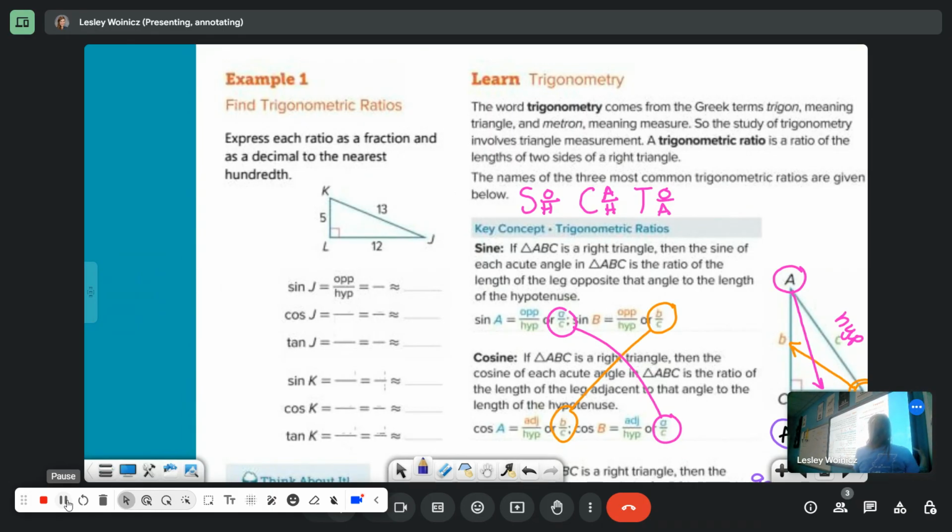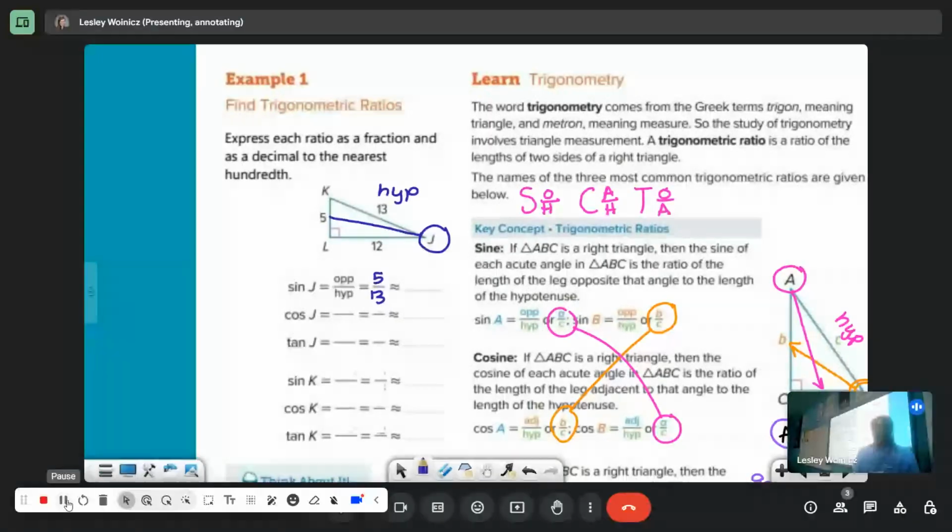Okay, so I'm looking at angle J. This is asking me for the sine of J. So I'm looking at the opposite, and I'm looking for the hypotenuse. The hypotenuse is the 13. It's opposite the right angle. So the side that's opposite angle J is the 5, and then the hypotenuse is the 13.